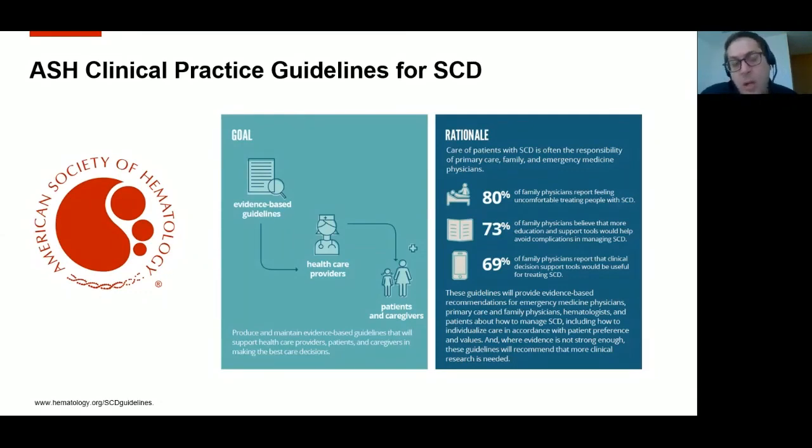And the ASH also had in its vision to make these guidelines friendly for patients and caregivers, to increase their engagement with the healthcare providers by being able to follow up on the standards of care that are applicable to their disease.